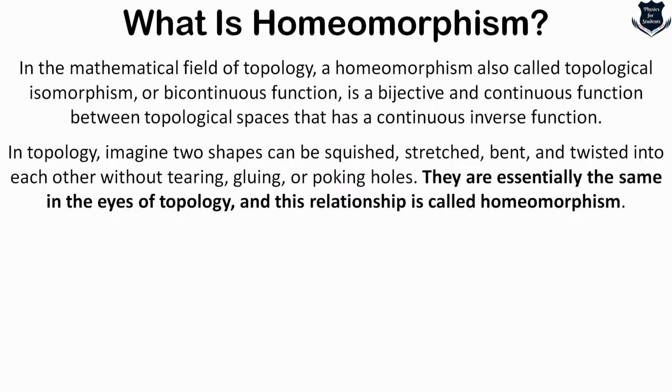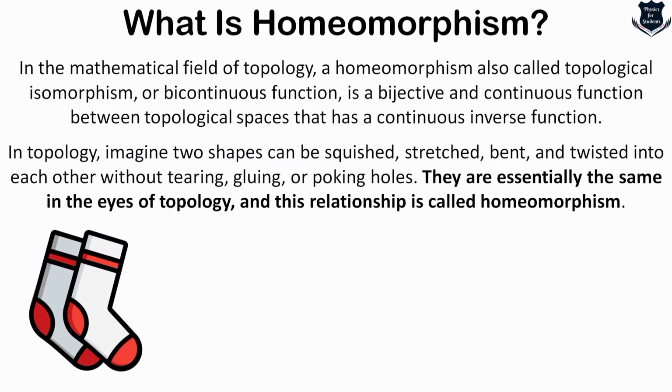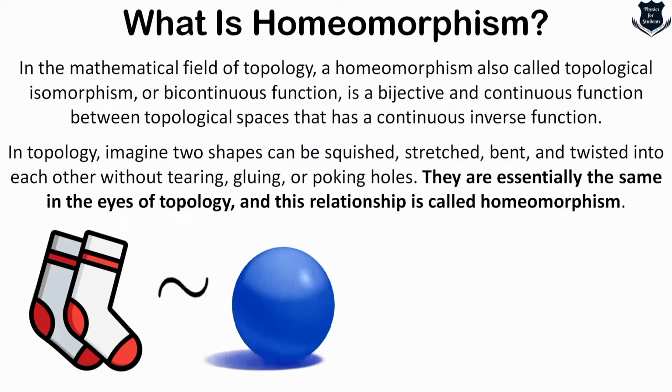So let us look into an example. If I take a pair of socks, for example, and I blow air in it, then I can say that this sock can be transformed through homeomorphism into a sphere. Now, this looks odd, but I will explain what it is. If you take a sock, I am stretching it, bending it, twisting it, but remember, I am not putting in a finger, I am not poking holes, and I am not tearing.